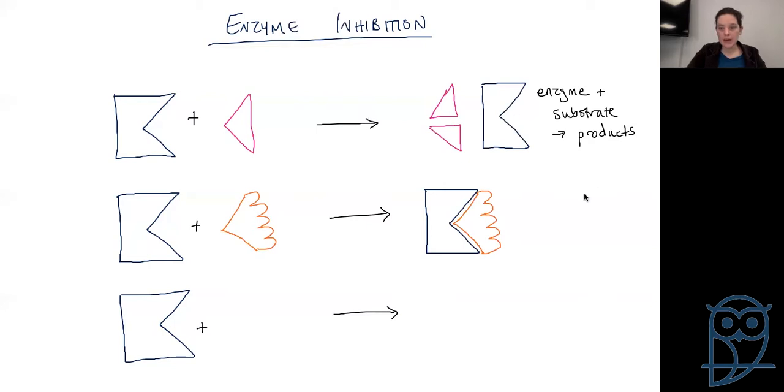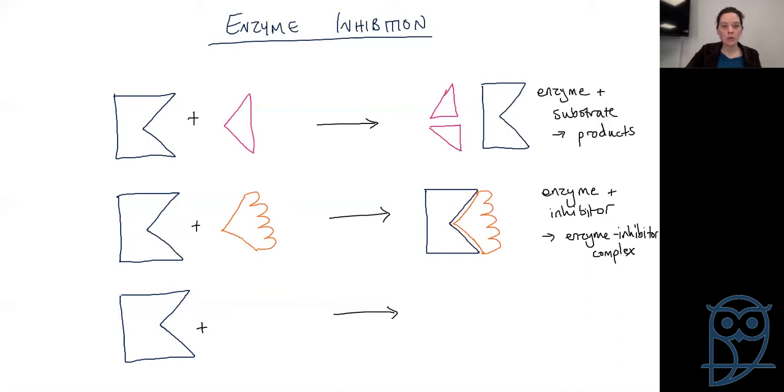So now we have enzyme plus inhibitor has gone to an enzyme inhibitor complex. So now it doesn't matter if our little pink substrate comes along, the inhibitor is in the way. He's blocked that enzyme, taken it out of action.